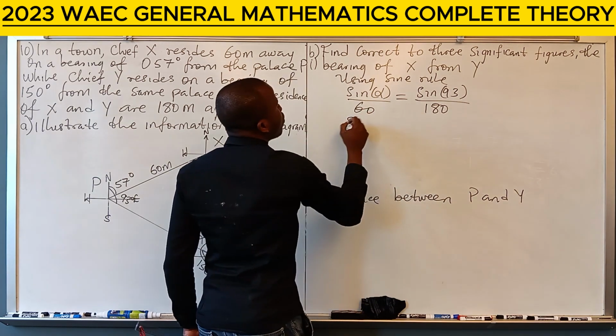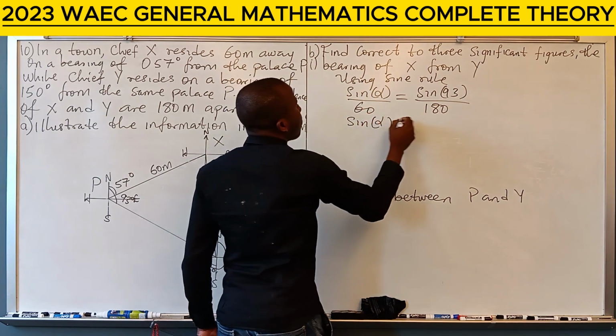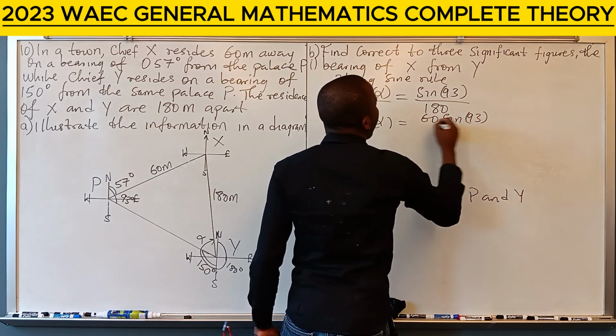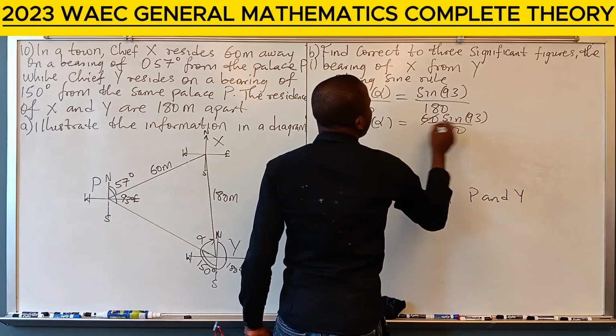So sine alpha will be 60 sine 93 over 180. This can go 3.